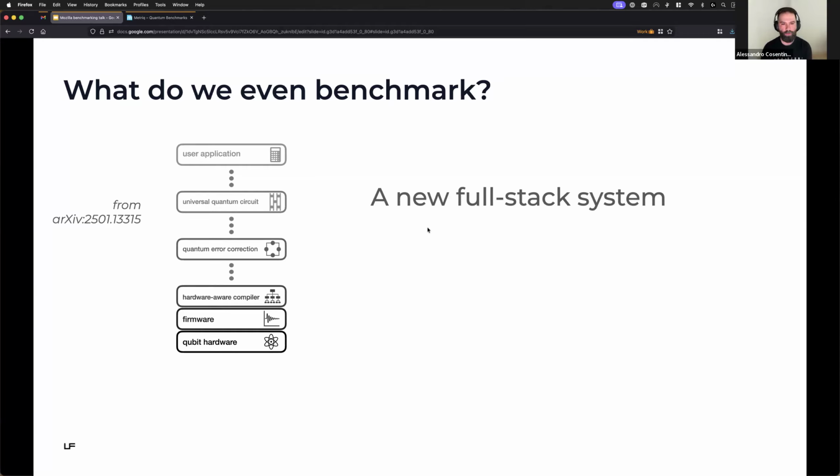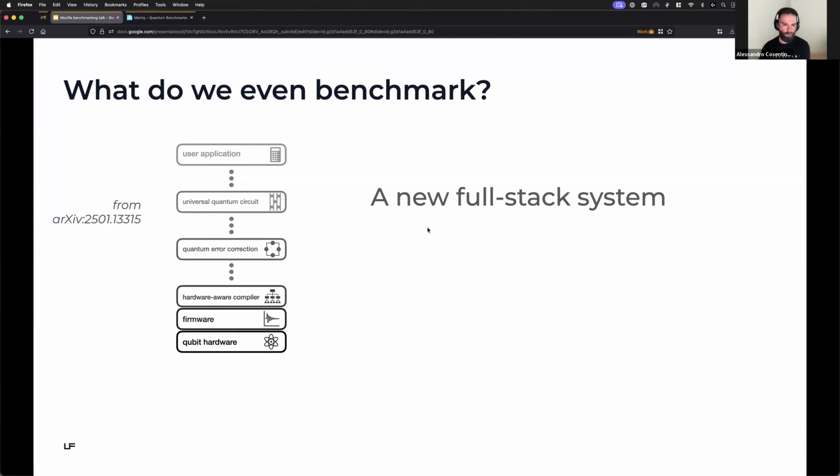We still need error correction, which is something in classical computers we did decades ago. We need to map those error-corrected, compiled programs to hardware.